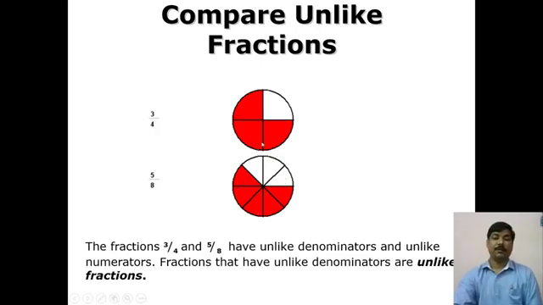So by this representation, we can find easily which fraction is greater. The fractions 3 upon 4 and 5 upon 8 have unlike denominators and unlike numerators. Fractions that have unlike denominators are unlike fractions.